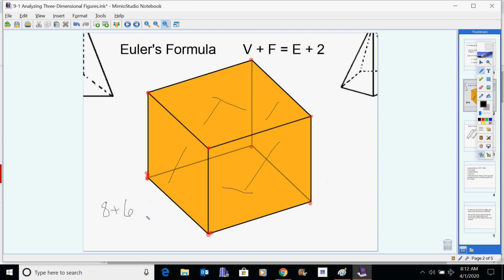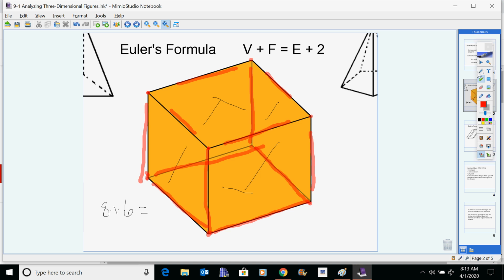And then I want to go through and see if that equals the number of edges plus 2. So my edges are, let's see, I've got 1 edge, 2, 3, 4, 5, 6, 7, 8, 9, 10, 11, 12.